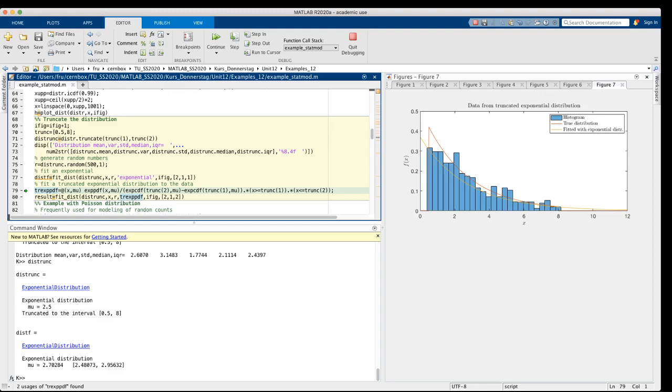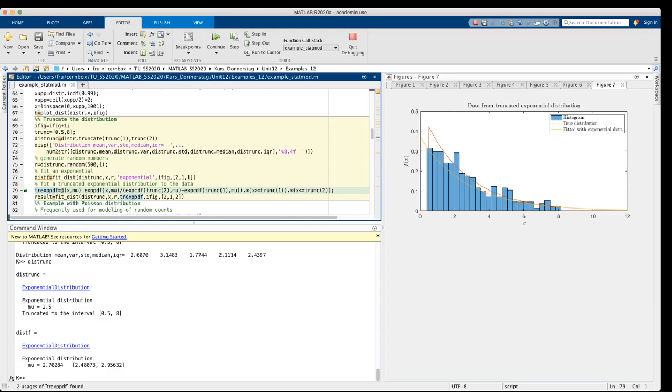Then we have to renormalize by dividing by the integral between the lower end and the upper end. This is done by invoking the function exp CDF, the cumulative distribution function. So we divide by the difference of the CDF at the upper end minus the CDF at the lower end.